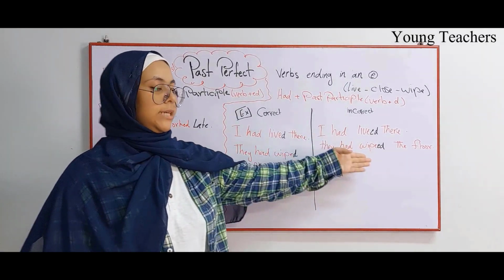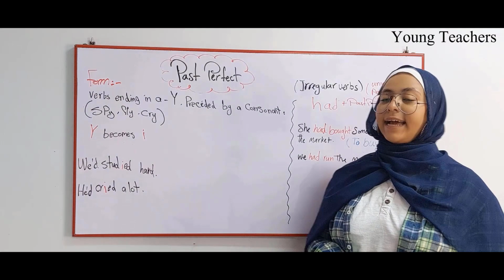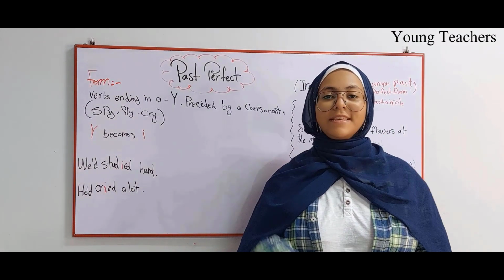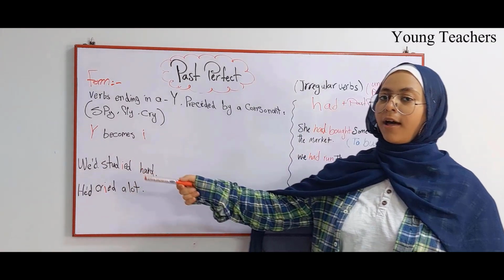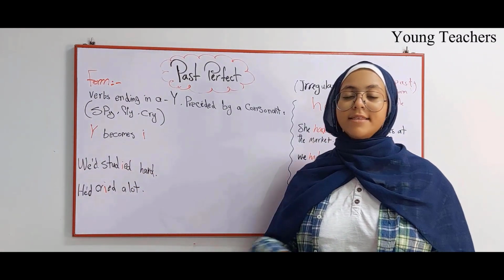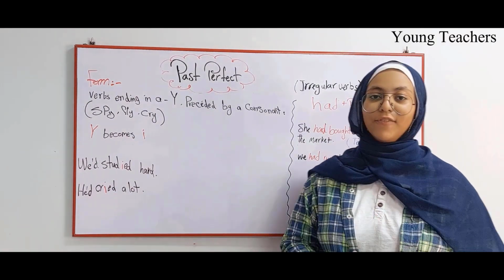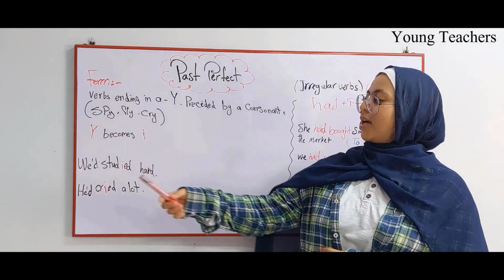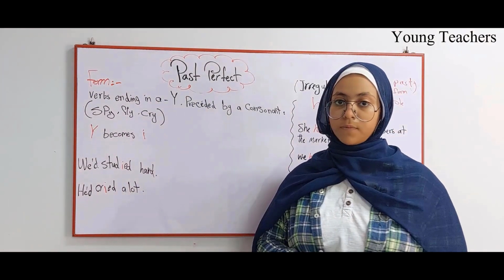We put e with a d. So this is incorrect. And now verbs ending in y preceded by a consonant, like spy, fly, cry, or try, etc., the y becomes i. For example, we studied hard, we cried a lot.